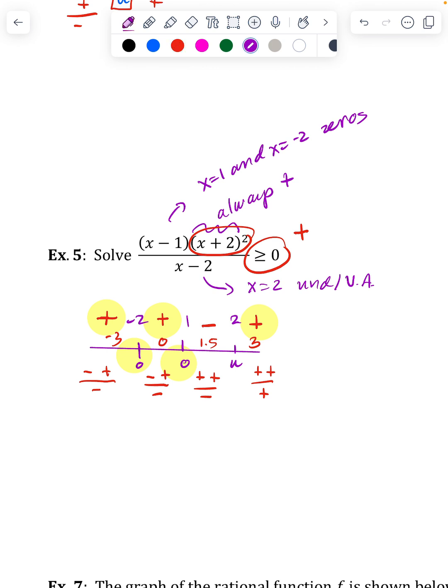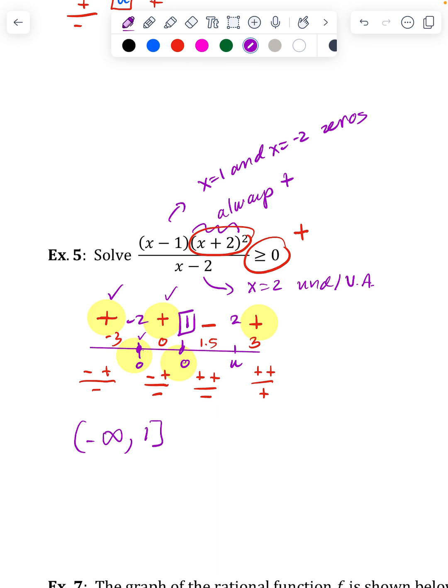So when I go to write my answer, everything from negative infinity to -2, including negative 2, and then the next region all the way to 1. So this is positive, and this is "or equal to" 0. So I just keep rolling until I get to that 1.